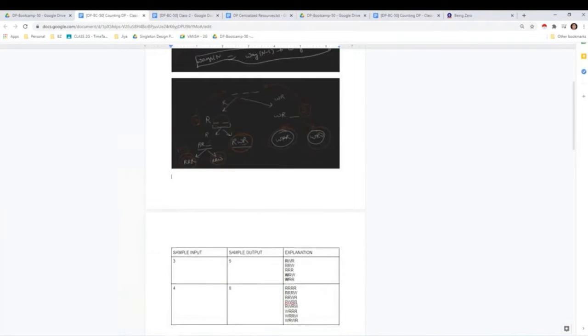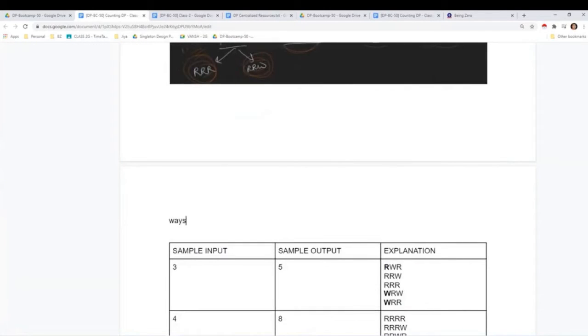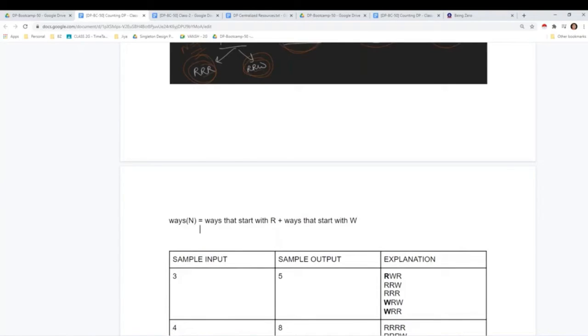Okay, so essentially if we formalize it now, I said ways of filling n space is equal to ways that start with R plus ways that start with W. This we reworded, as Prakash helped us visualize that. Prakash said ways that start with R, and visualize the second thing differently, ways that start with WR.